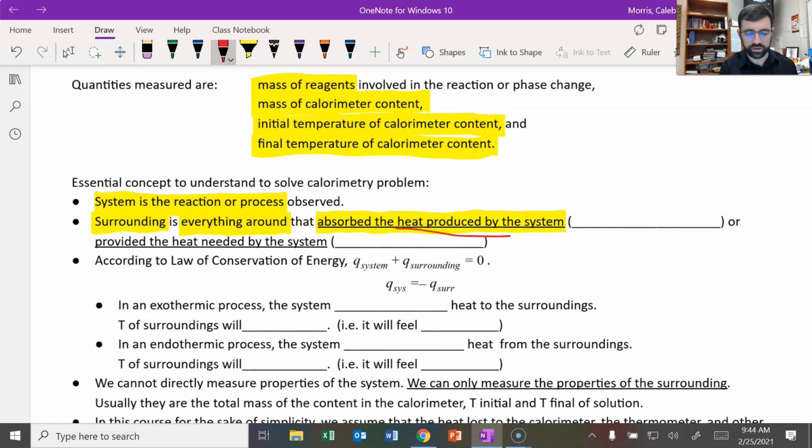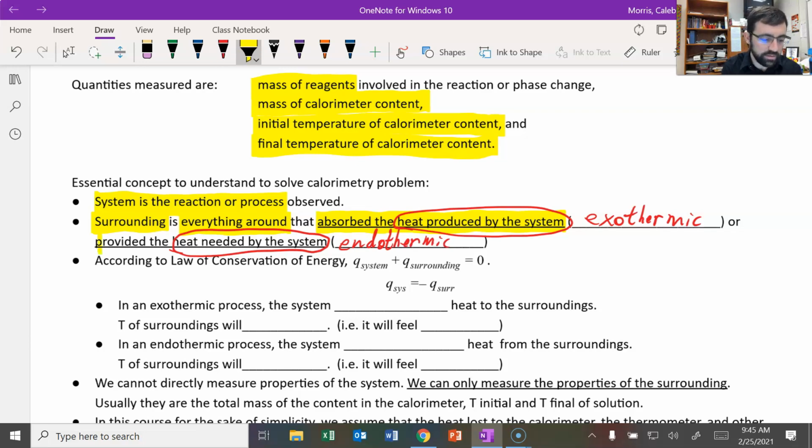The heat that's produced by the system, if it's exothermic, or the heat that's needed by the system if it's endothermic. So the surroundings are whatever can absorb or release heat to the system or from the system.